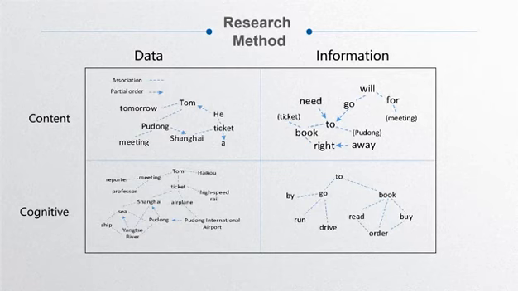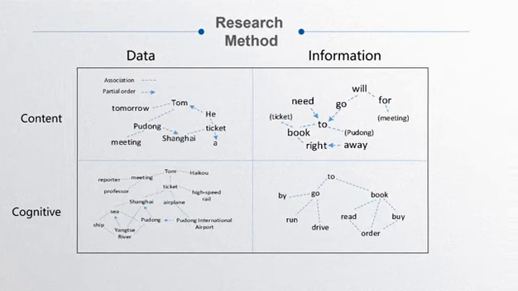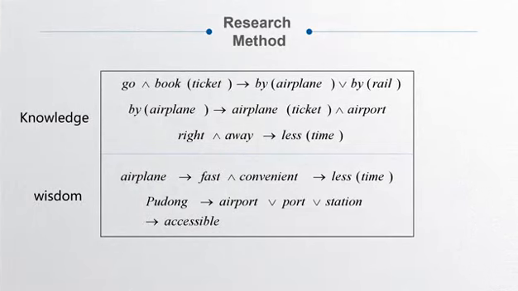This is the data and information map of the content and cognition of the keys. This is the part of the knowledge rules and the value judgment of the case.